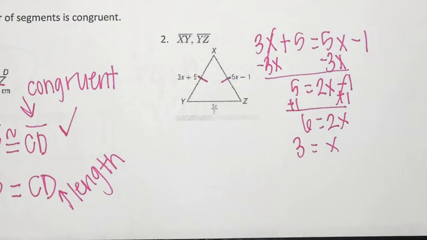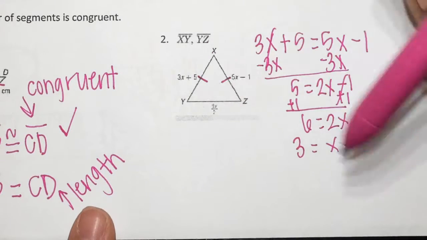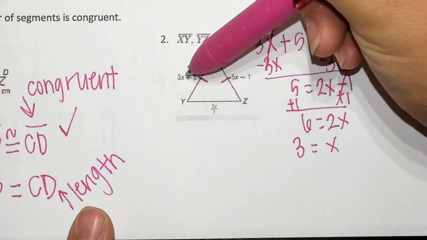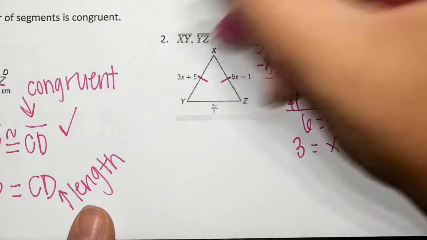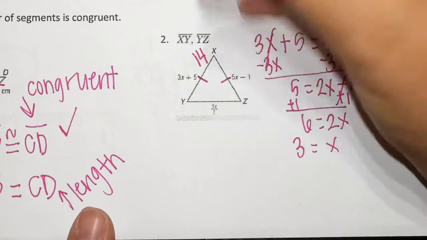Okay, this isn't my answer, right? All I did was solve for x. Now, let's plug this back in and see how long this actually is. So, x is 3. 3 times 3 is 9. 9 plus 5 is 14. Well, if that's 14, what's this side?